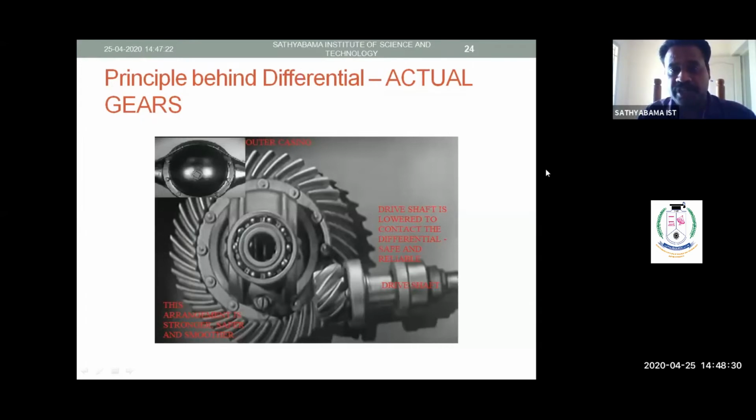This drive shaft is lowered to contact the differential safe and reliable. By doing so, we can ensure stronger, safer, and smoother operation of the automobile parts. Presently this is the design actually used in cars, but theoretically in literature we see the previous picture. Practically, they make some small inclination of the rack so that noiseless operation will be assured.